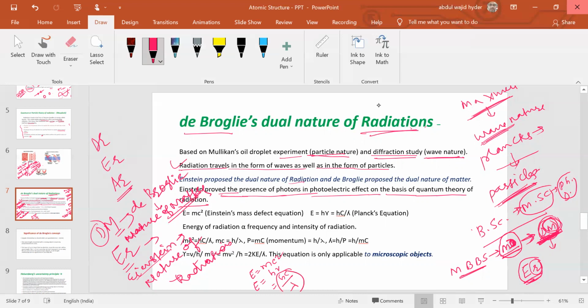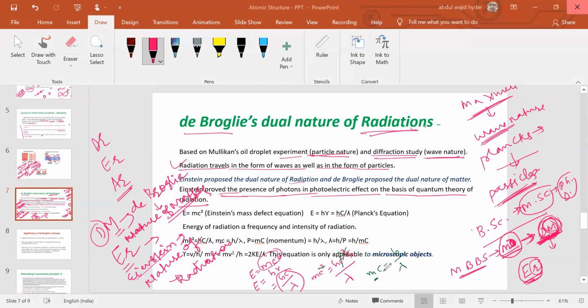So this is also E and this is also E. So mc square is equal to hc upon lambda. This c and c will be cancelled. So mc is equal to h upon lambda.